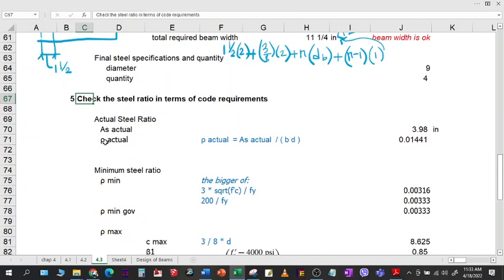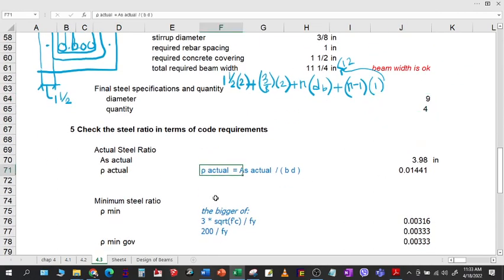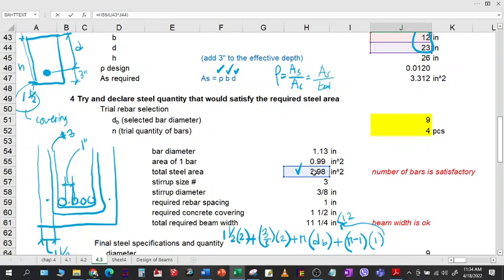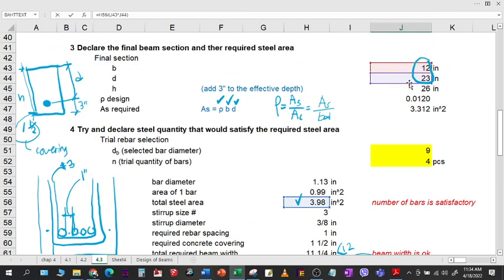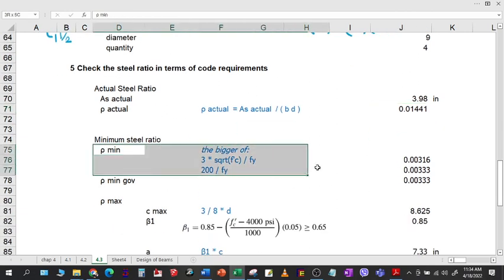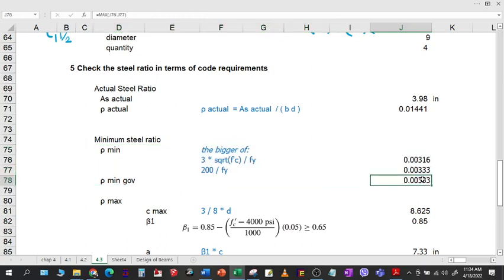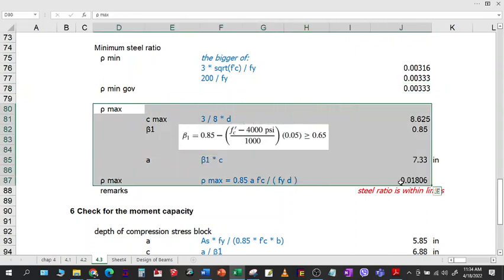Calculate the actual steel ratio based on the 4 pieces of number 9 and use this formula. Rho actual is As actual over bd, and your bd will be your final section, 12 by 23. So you have this actual steel ratio. Then compute for the minimum. In computing this, check my other video for the minimum steel ratio as well as the maximum.